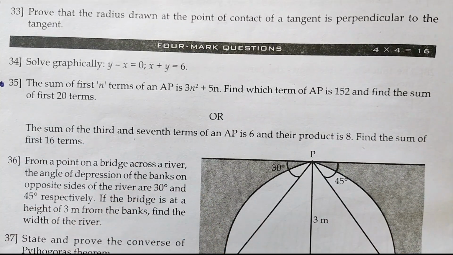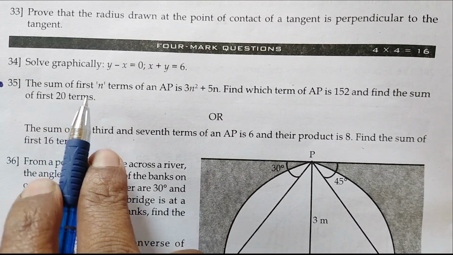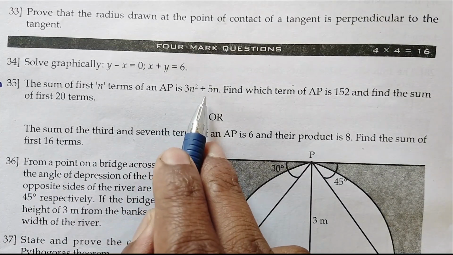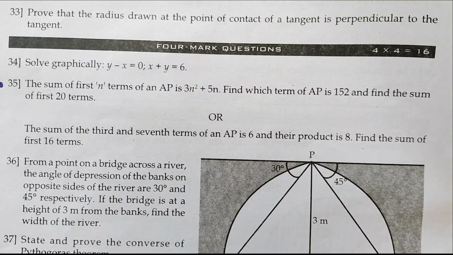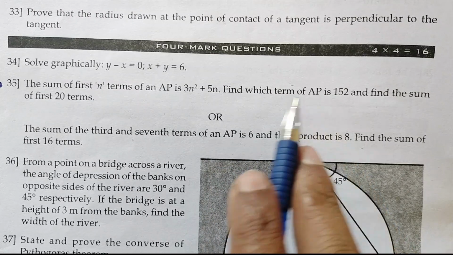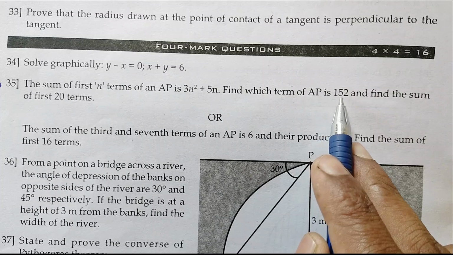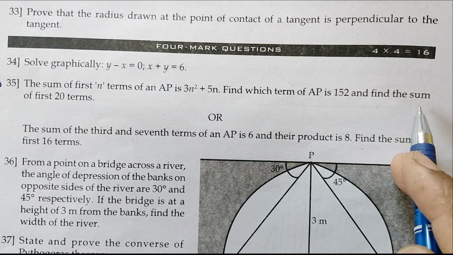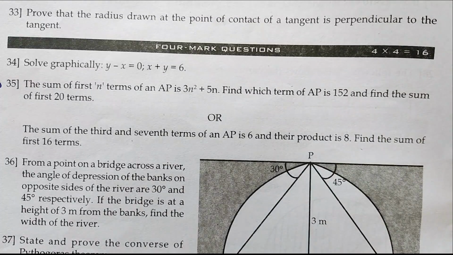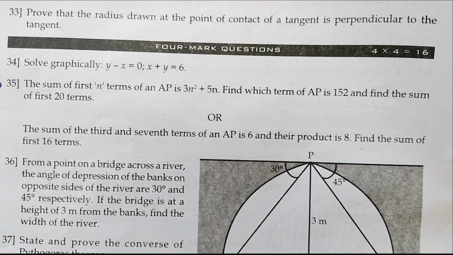Here two things we have to find: which term is 152, and the sum of first 20 terms. Okay, these are the first 20 terms, not in between 20. They start from a, starting from the first term, the first 20 terms.